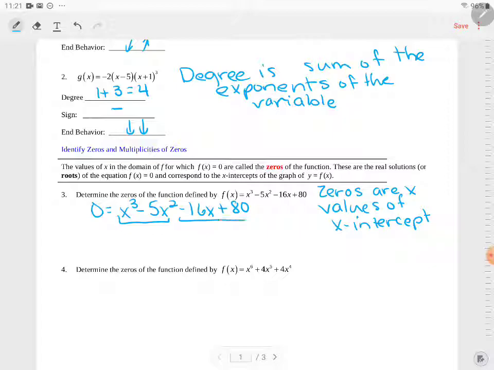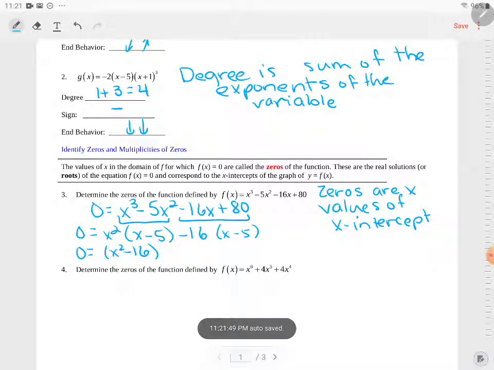So I'm going to group 2 and 2, and we use GCF. The GCF of x cubed minus 5x squared is x squared, and then you're dividing by x squared. X cubed divided by x squared is x, minus 5x squared divided by x squared is 5. Here you can take out a negative 16, you get x minus 5. So 0 equals x squared minus 16, the first two terms in front, times x minus 5.